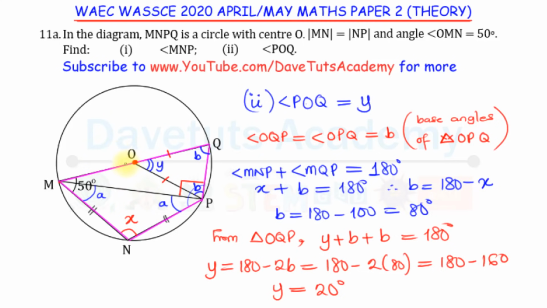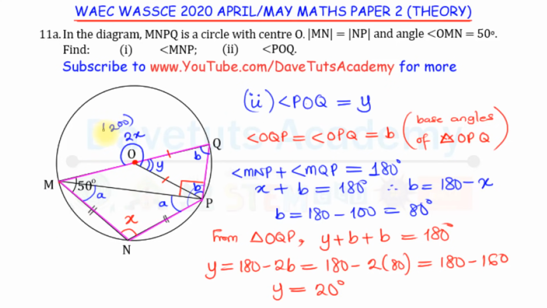So I could have said that this angle here is going to be 2x, because it is twice the angle subtended at the circumference that we have at the center. But look at something. Both of them are facing the same side. X is facing here, and here in the middle is also facing here. So this is 2x, and 2x is going to be 200.